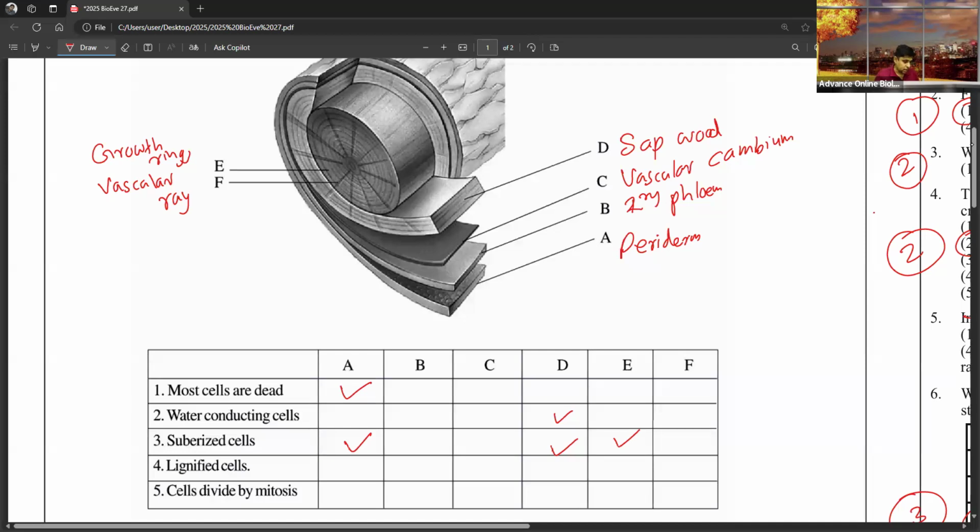So D and E. Next one, cells divided by mitosis. A, periderm correct, because it shows some meristematic activity. Vascular cambium, C, correct. So these are the answers for that question.